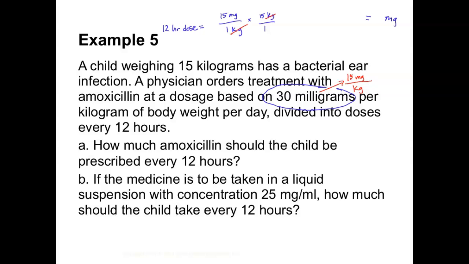This leaves me in units of milligrams, which is what I want. 15 times 15 is 225. So our 12-hour dose is, oh, I'm sorry, not kilograms. That is a lot of medicine. Milligrams. We're not trying to kill the child, just 225 milligrams of amoxicillin.